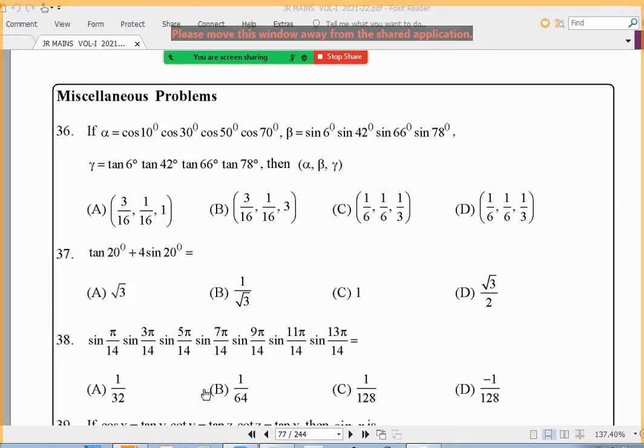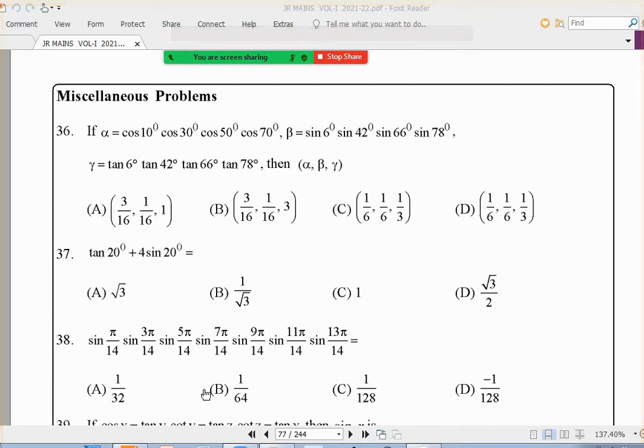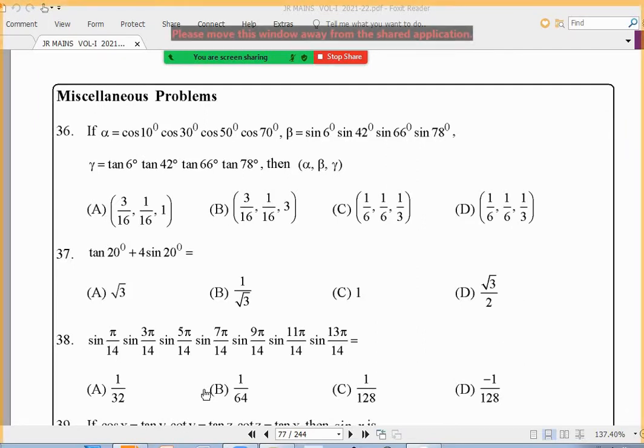Okay, so alpha is cos 10 degrees, cos 30 degrees, cos 50 degrees, and cos 70 degrees. Cos 10 degrees, this 50 degrees I am going to write, anyway, let me write this cos 30 as root 3 by 2. This is 60 minus 10.